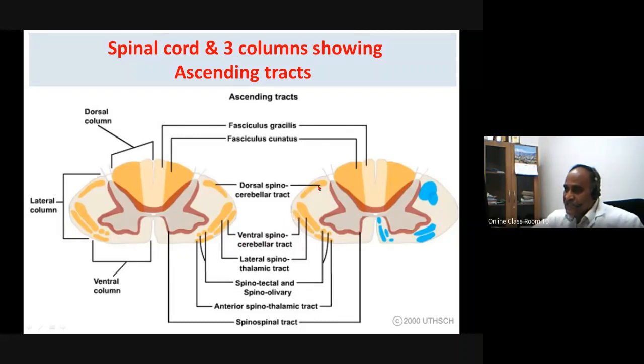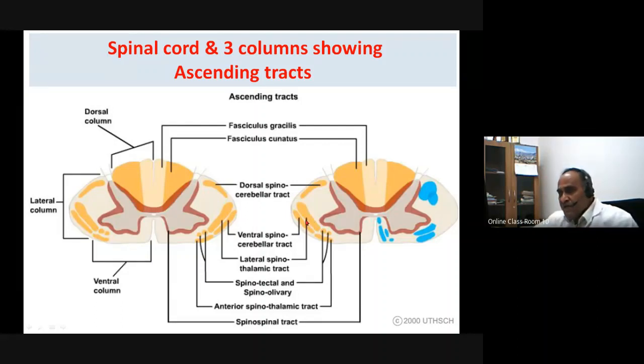So you just see that this is ascending to the medulla. The fasciculus gracilis and fasciculus cuneatus reach the medulla because the nucleus gracilis and the nucleus cuneatus are located in the medulla. And the spinocerebellar tract is going to the cerebellum, from the dorsal side, and the other going to the cerebellum from a relatively ventral side.